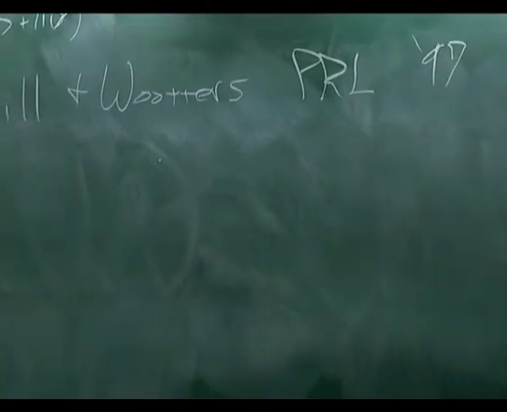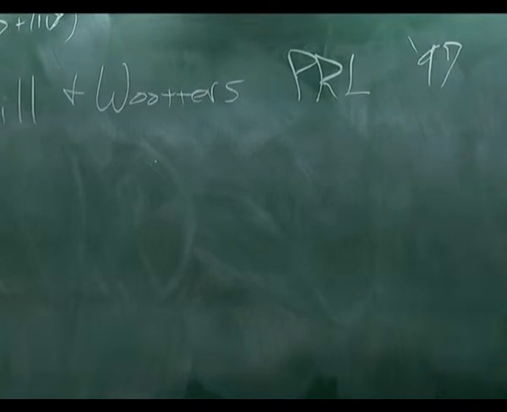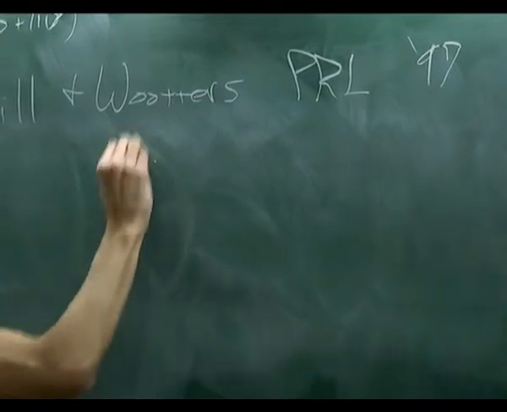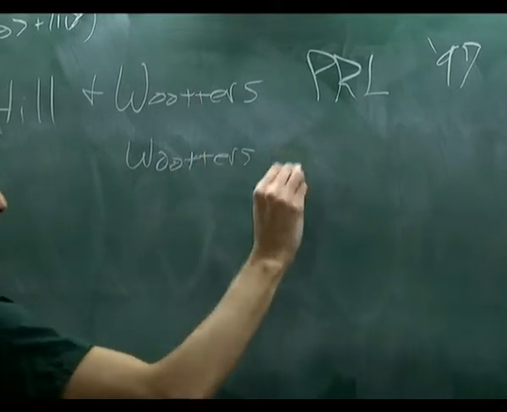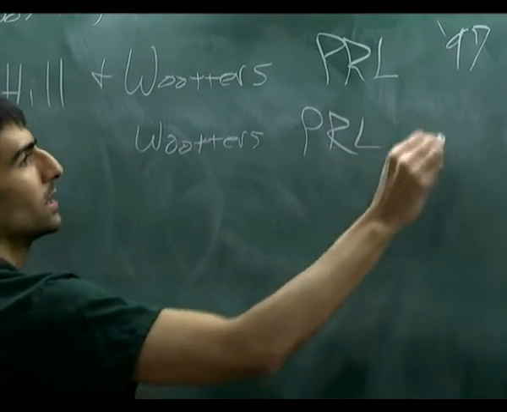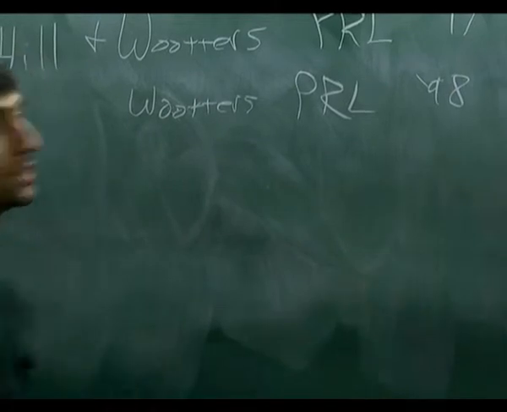And then Wooters returned to it a year later. This is probably the most cited paper that uses the concurrence because he makes this nice connection with the entanglement of formation. He relates the concurrence to the entanglement of formation.